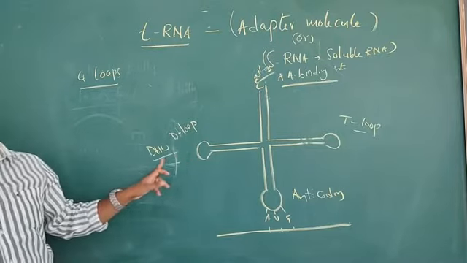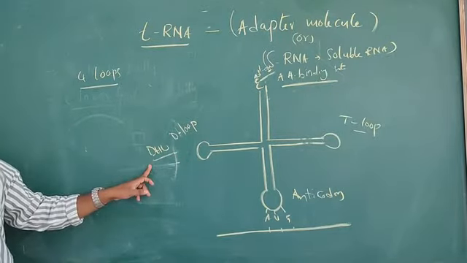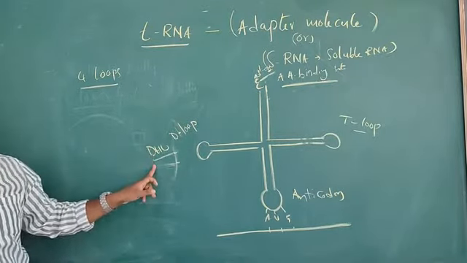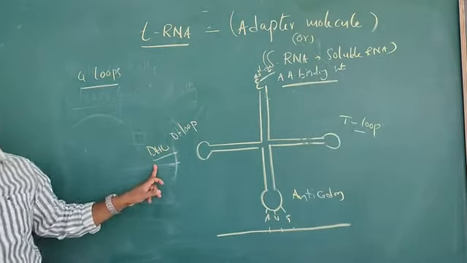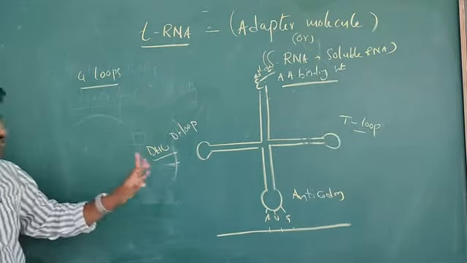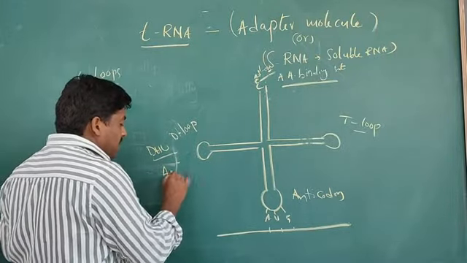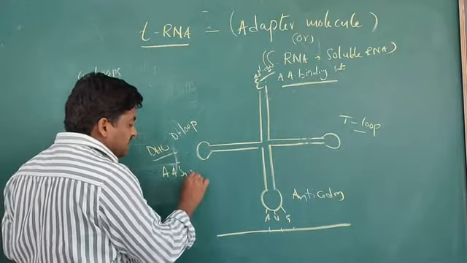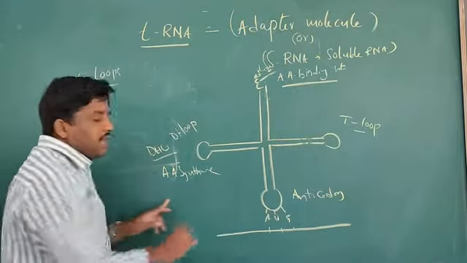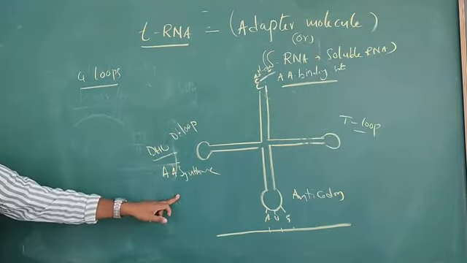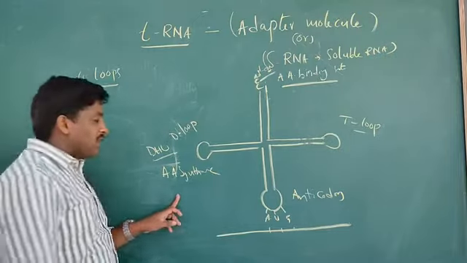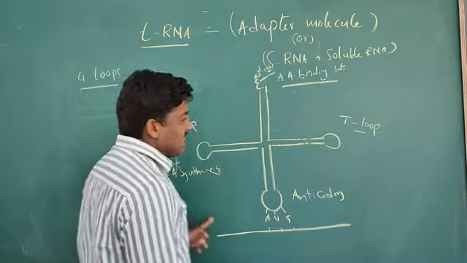Okay, that means this D loop contains dihydrouracil, and it is a binding site for the aminoacyl synthetase enzyme.